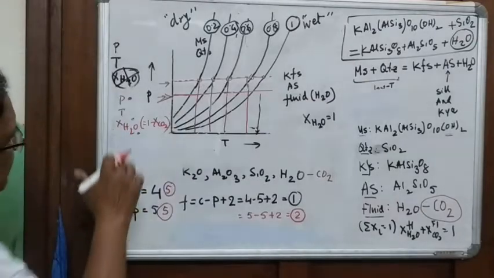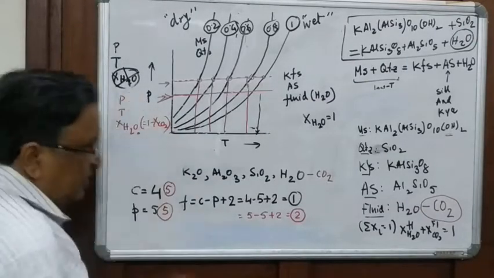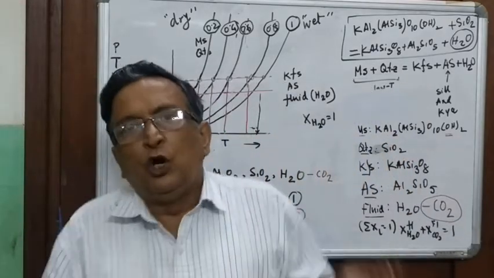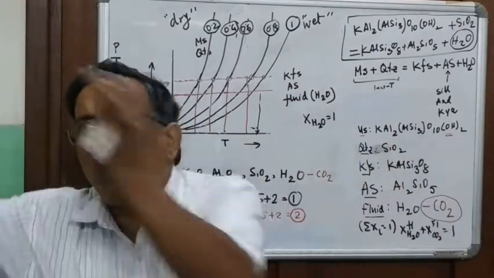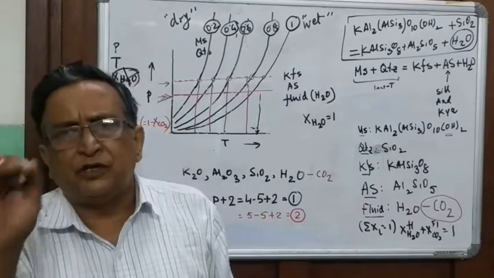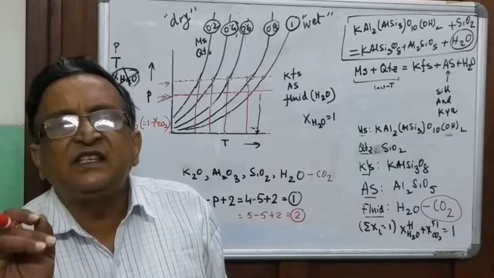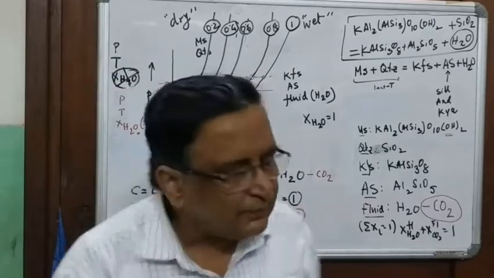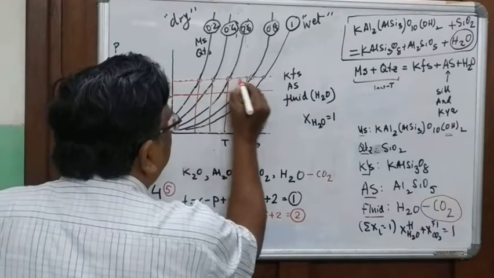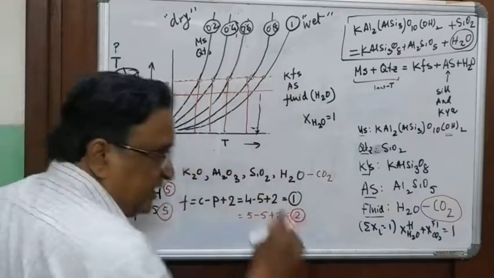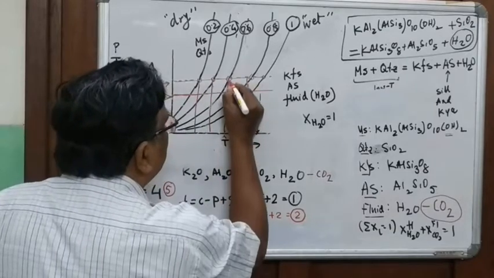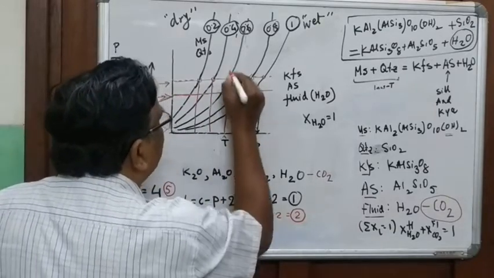Right? Now you can change this all over. Say, for example, you don't know the XH2O value, but you know the pressure and temperature values from other sources. So you take this pressure value, P is equal to something, and then you take this temperature, which is here.